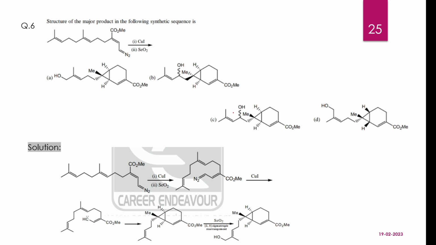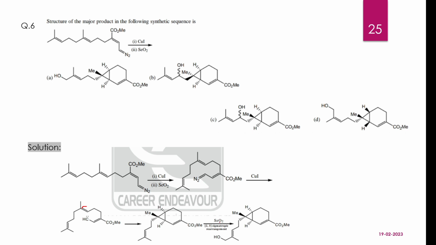Now the next reaction. So what will be the product from here? I have given the solution and the options also. So what will happen? First N2 will get removed, giving us the alkene carbene system. Then this carbene will add up to this double bond, giving a cyclopropane ring.